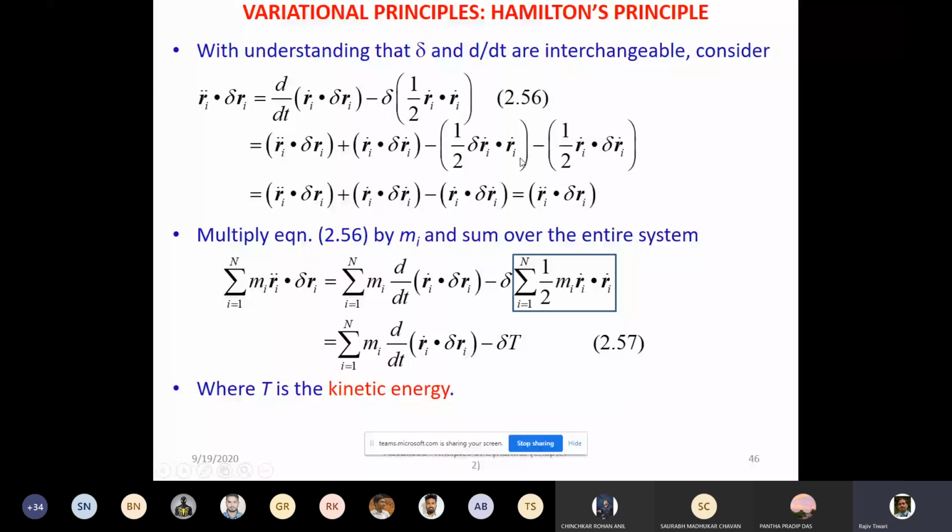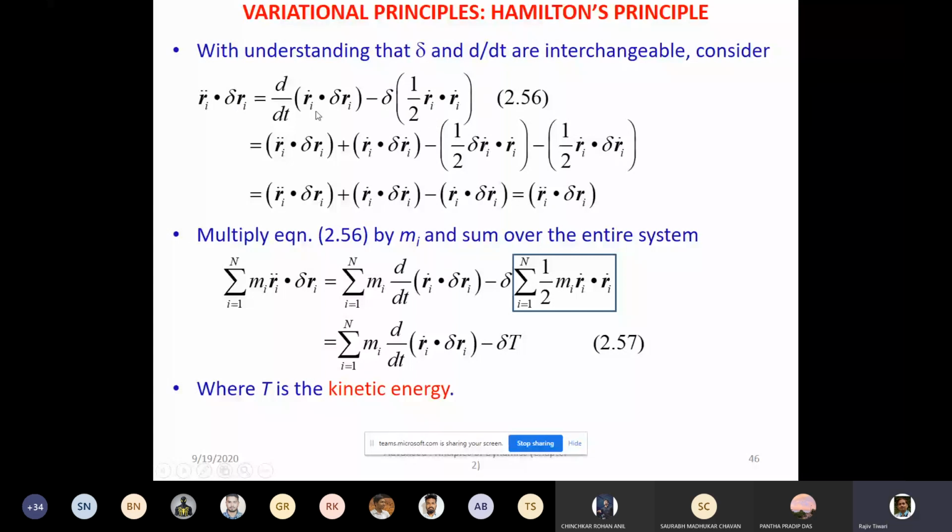Now you see this term and the second and third terms are the same, so they will get cancelled, and we'll get Ri double dot product delta Ri, which is nothing but this one. So this expression can be written like this, because on expansion it is giving the same thing.